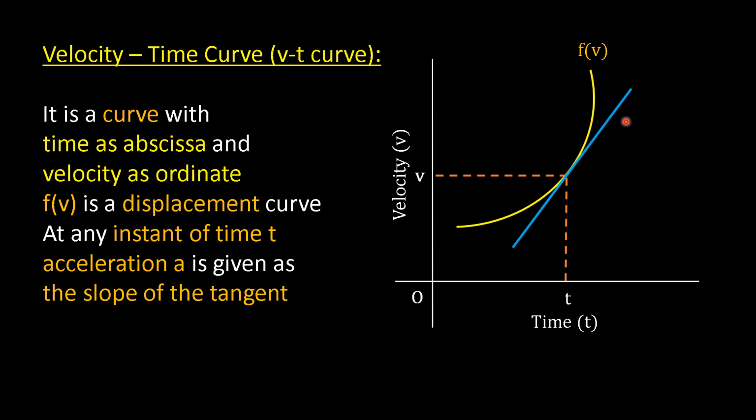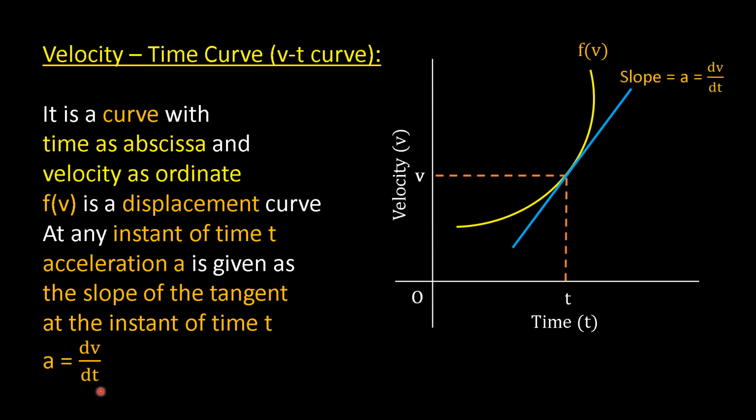This is the tangent at point (t, v). At the instant of time t will be a equals dv by dt, that is the slope of this tangent will be acceleration, which will be dv by dt, that is derivative of v with respect to time t.